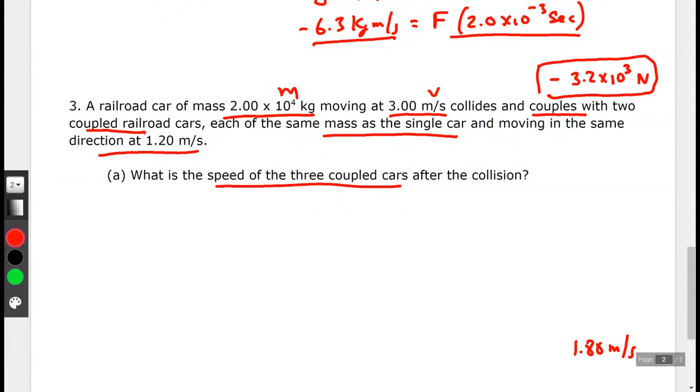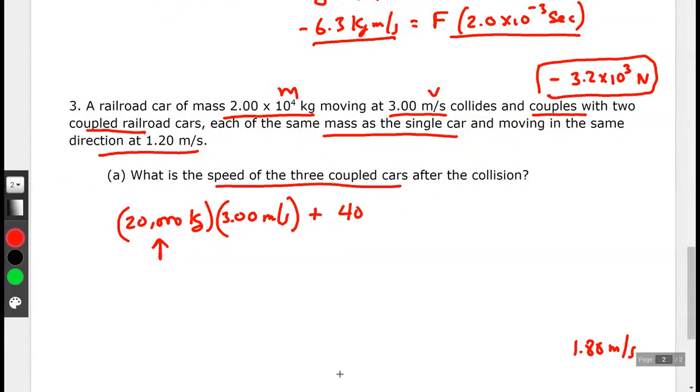You've got 20,000 kilograms. Total momentum before equals total momentum after. It's a collision problem. It's 3.00 meters per second. That's its momentum.